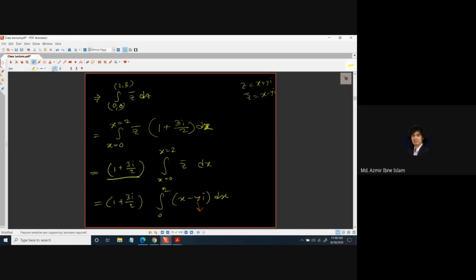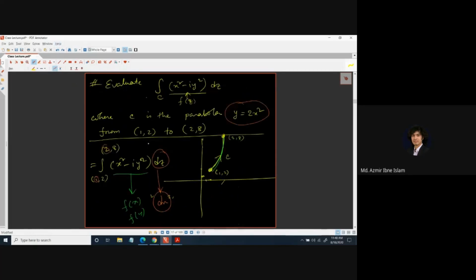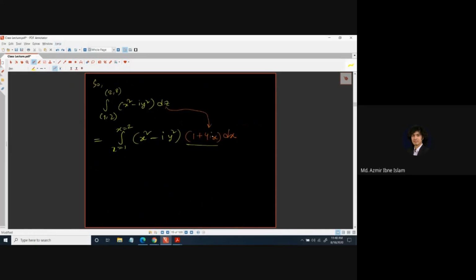Do you understand? But since now we have x here, we can't do that. This is a variable at this moment. Okay, so before integrating, we have one more task to do. That is, you can already guess.